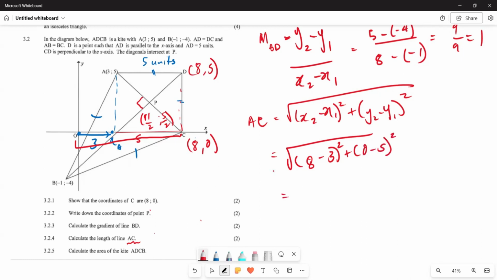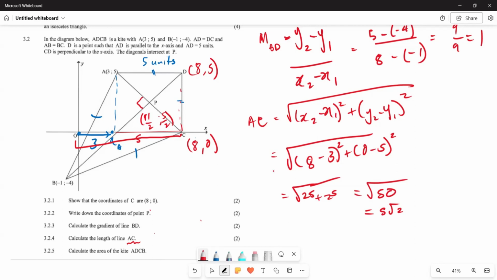And then what is it that I'm going to have here? 8 subtract 3 is the same as 5. 5 squared is 25. Then here, -5 squared is the same as 25. Which means this is going to be the square root of 50, which is the same as 5 root 2, if I'm not mistaken. That's going to be the answer that you are required to give here.